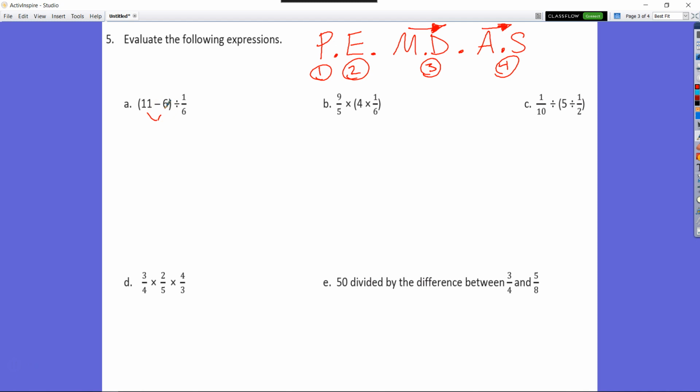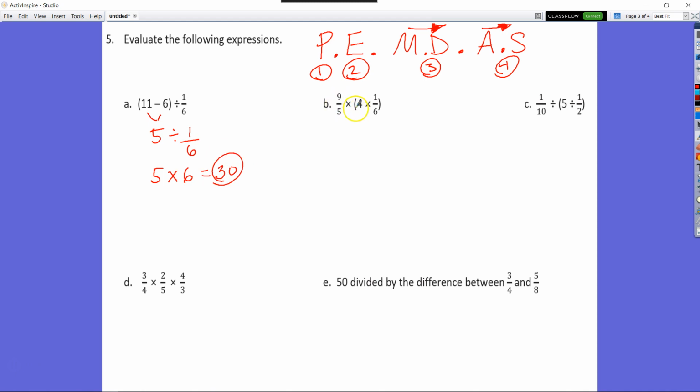I know that 11 minus 6 is 5. So now I have 5 divided by 1/6. Just like we've been doing, I'm going to take the inverse operation, multiply by 6, and I know that I would get 30. So 30 would be my answer here.